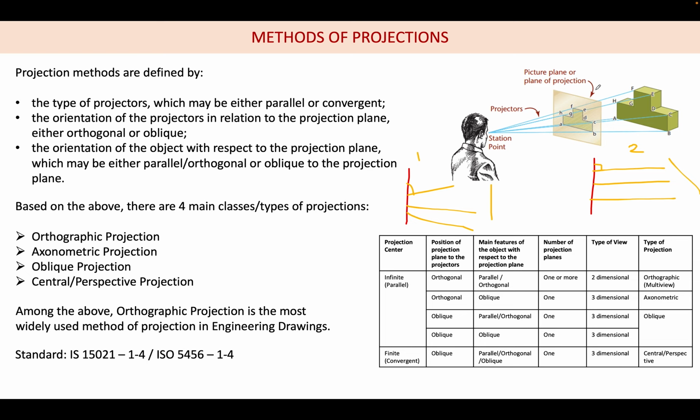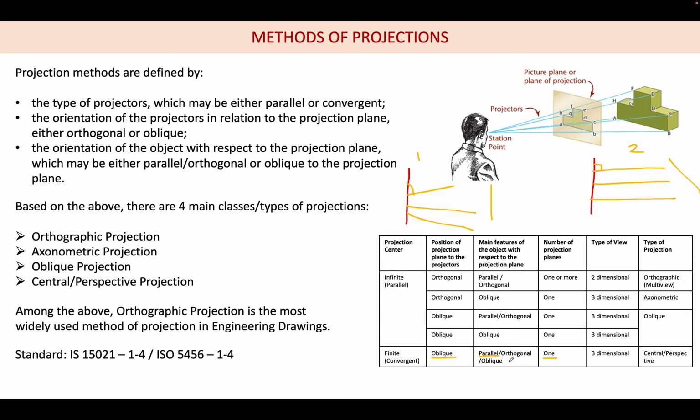Can you try to visualize it? In this case you can see that the feature of the object is parallel, but the position of the projector is oblique and there is one projection plane.